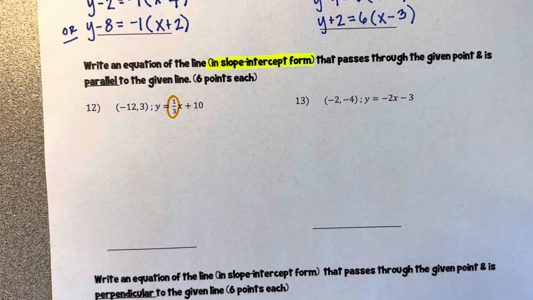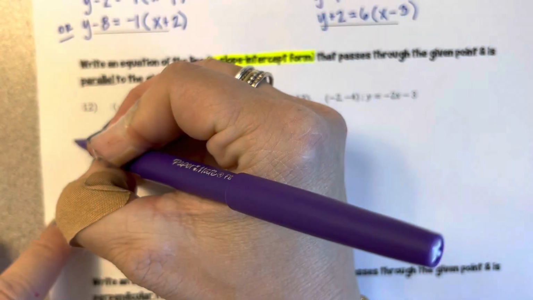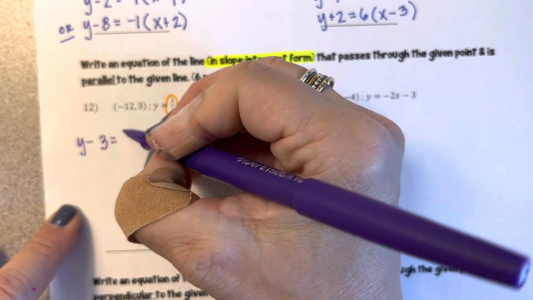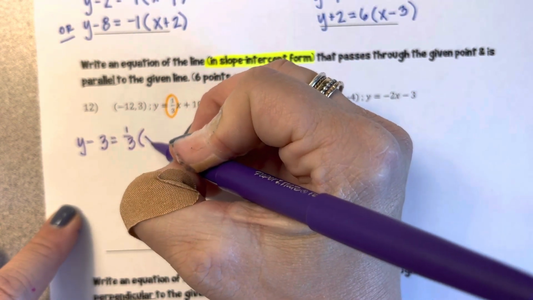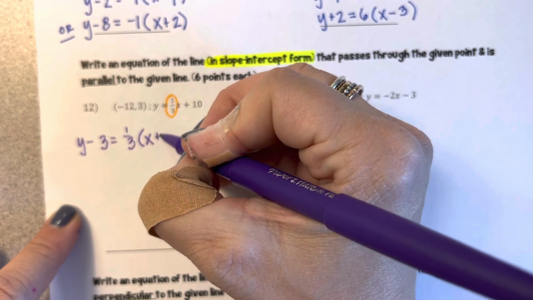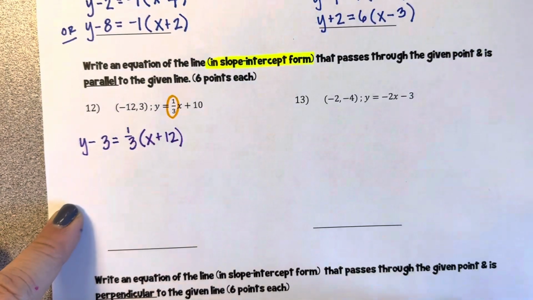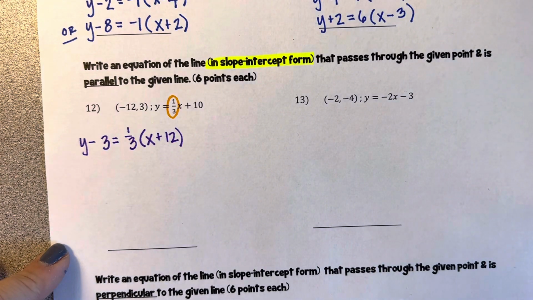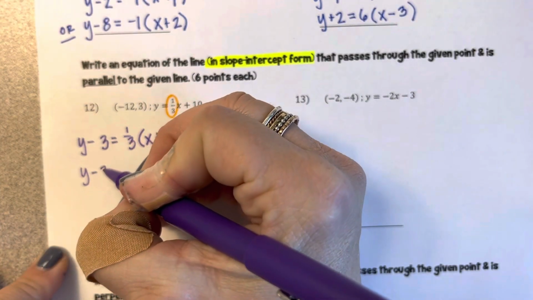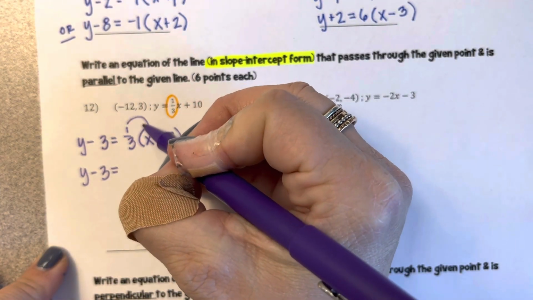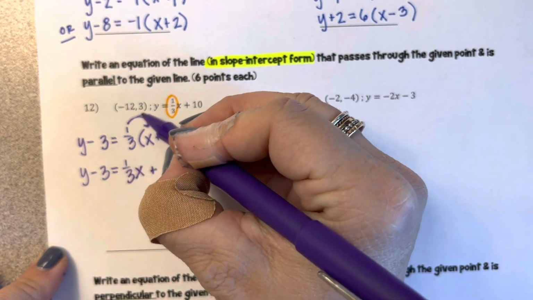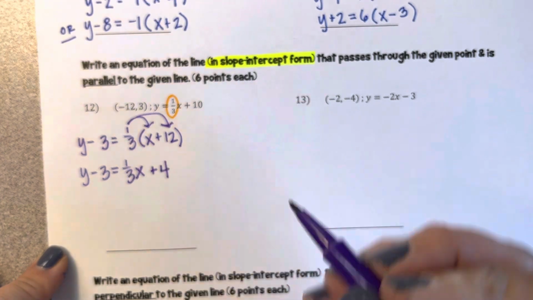So I have a point and a slope, so I'm going to set it up in point slope form. So y minus the y that I'm given equals m times x minus negative 12, which is plus 12. But again, my directions say I have to put it in slope-intercept form. So y minus 3 equals 1/3 times x is 1/3 x plus 1/3 times 12 is 4.